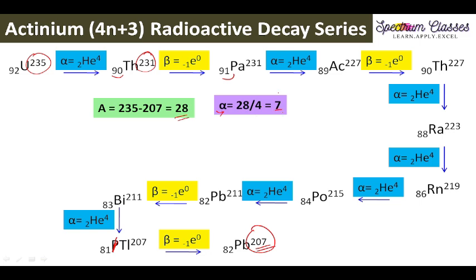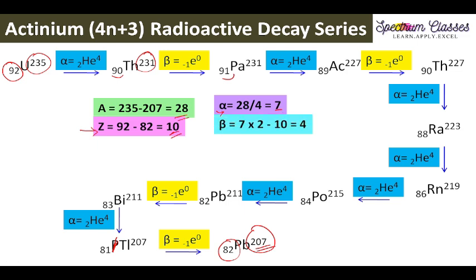So we get 7, and now we move further to the atomic number, and this atomic number we subtract from the uranium to this end product lead. So here we get 10. So its atomic number changed by 10 from starting point to end point. It should have changed by 7 into 2, 14.